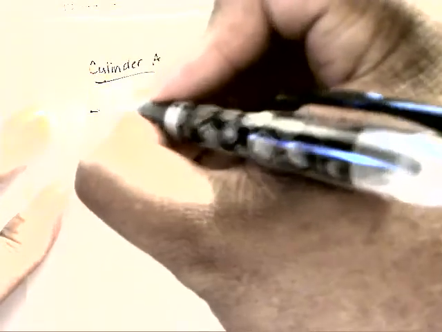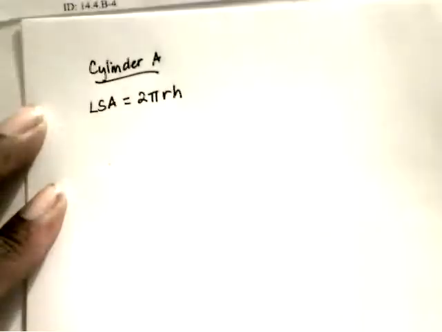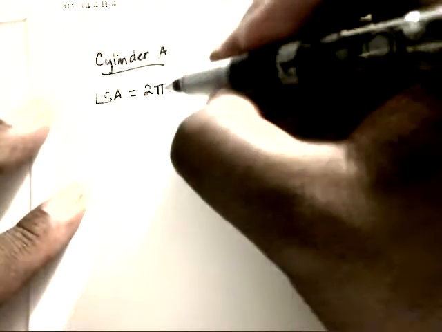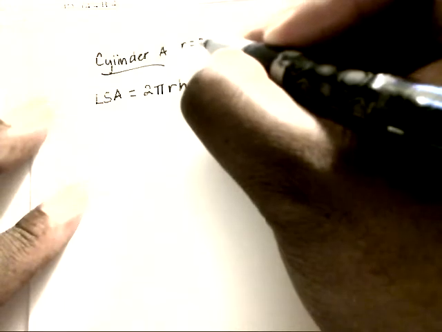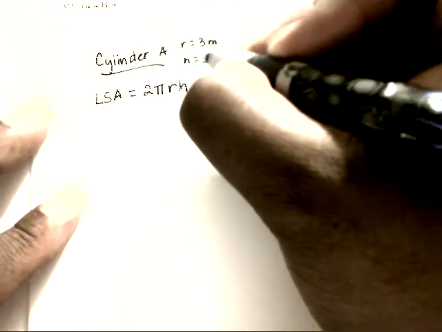Okay, so let's look at cylinder A. The lateral surface area, that formula is 2 pi r times h, if you recall. Now in cylinder A, your radius was 3 meters and the height was 5 meters.